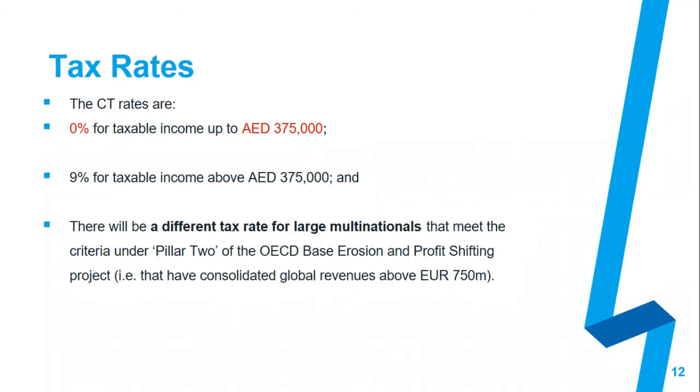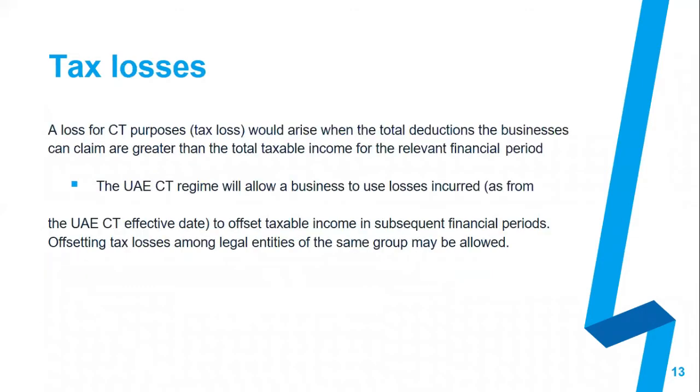The tax rate will be 0 for adjustable taxable income up to 375,000 dirhams. Above 375,000, 9% will be applicable. For large multinational organizations, the tax rate will be different, and we expect a minimum of 15%.